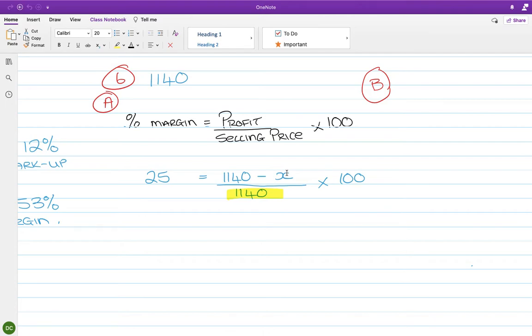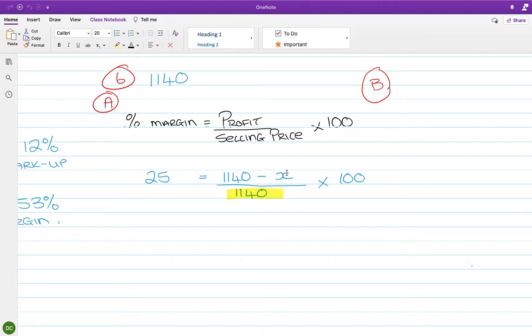Okay, I'm using the margin formula, which means I'm definitely doing it as a percentage of the selling price. Make sense? Okay. Algebraically, this is a bit awkward, really, but stay with me.